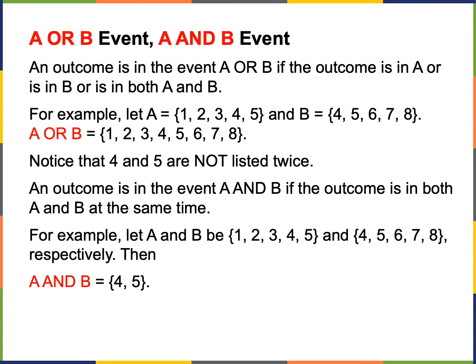Which 2 elements are in both set A and set B? You see 4 and 5 here. So 4 and 5 are in both. They're in the intersection, or you could say A and B consists of 4 and 5, okay?